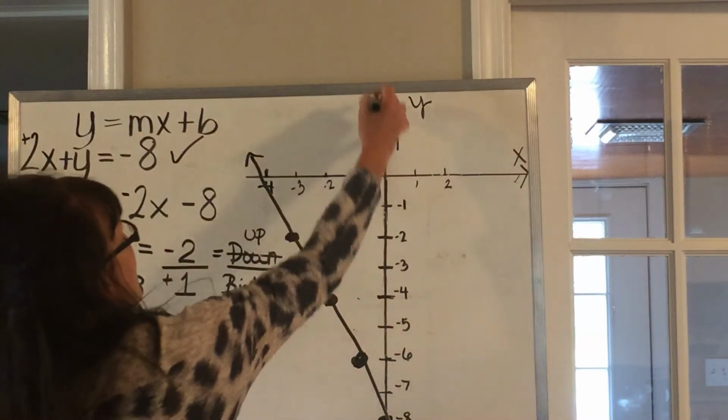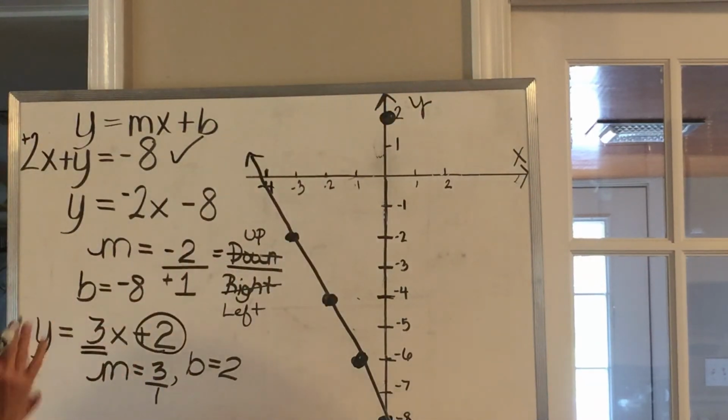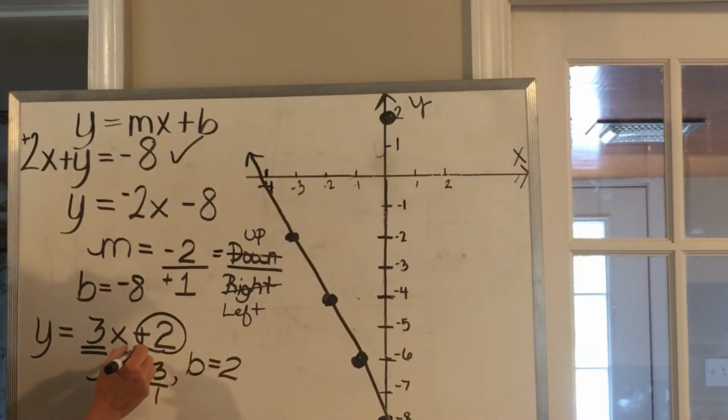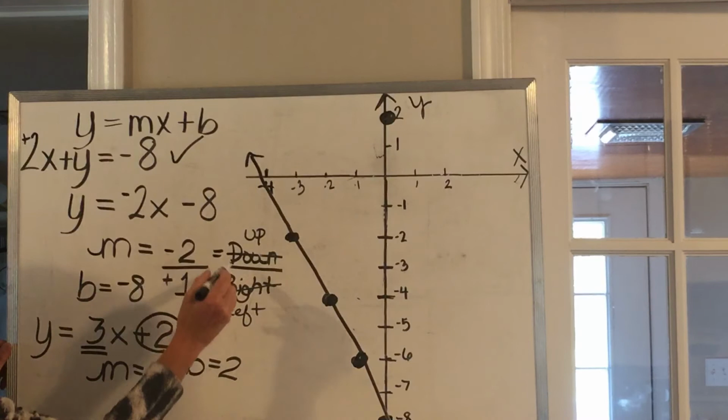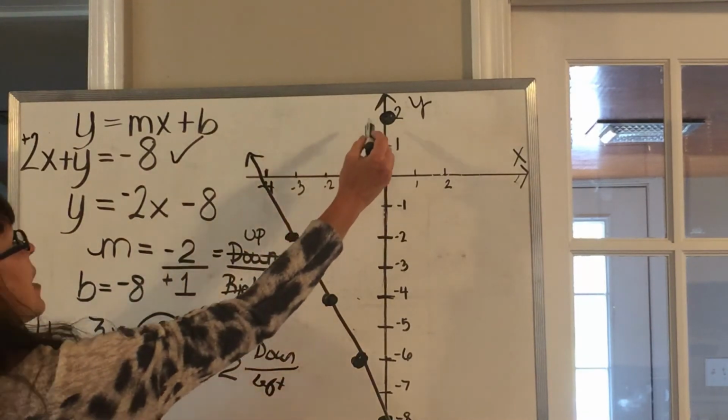Doggone it. If I went up 3 and right 1, I'd be off my graph. So instead of up 3 and right 1, I'm going to choose to go down 3, change my directions, and instead of right 1, I would have to go left 1.